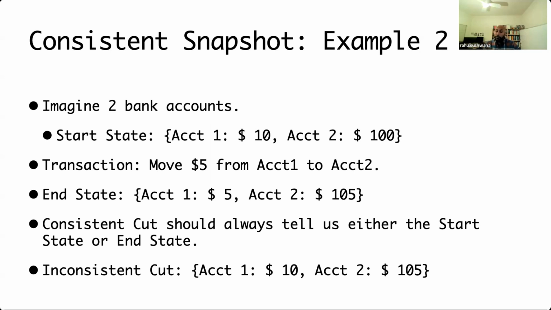But 10 and 105 does not give you a consistent view of your bank account because essentially you do not have 105 plus 10, which is 115. Instead, you still have the old money, right? So we need to have a consistent snapshot which tracks all the events and the events that caused them. And if we account for that, we end up either in the start state or in the end state.